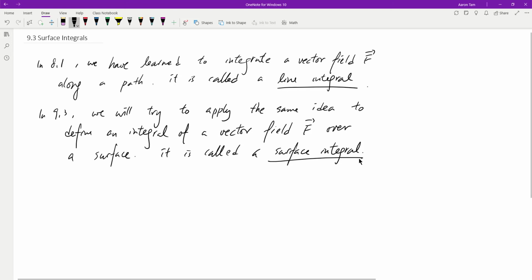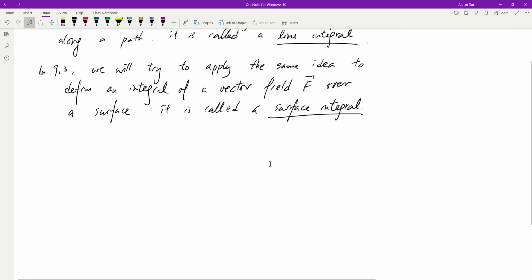But before we actually get to talk about how to apply this concept to integrate a vector field over a surface, let's talk about a surface first. So in chapter 4, we learned the following.